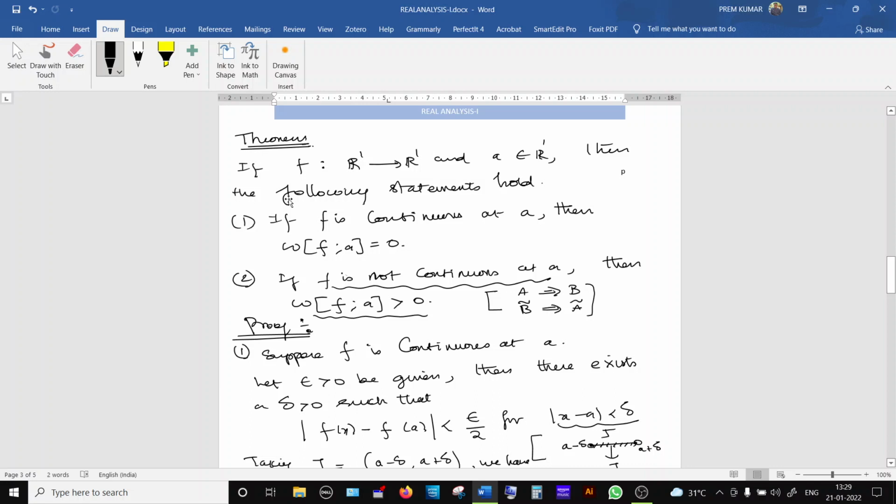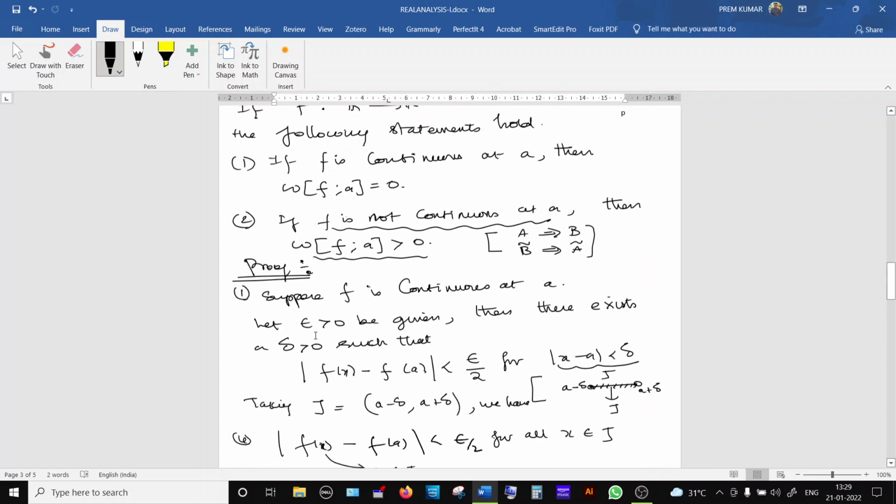So we proved the converse of this. We assumed that this is equal to 0, then we proved that f is continuous. So finally the result we have proved is f is continuous at A if and only if the oscillation of the function at A is equal to 0.